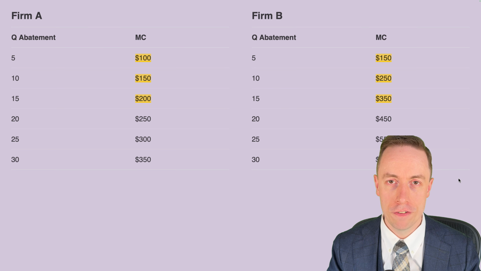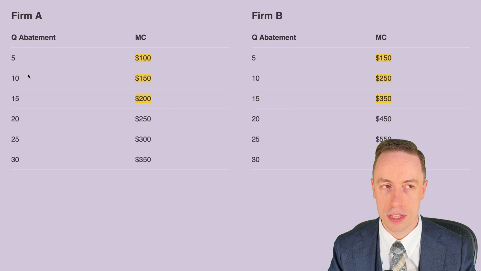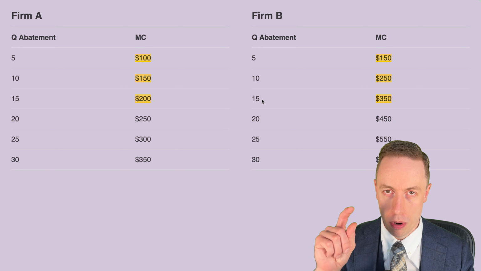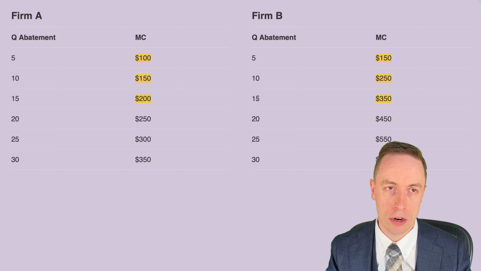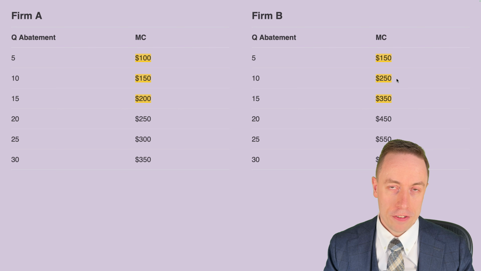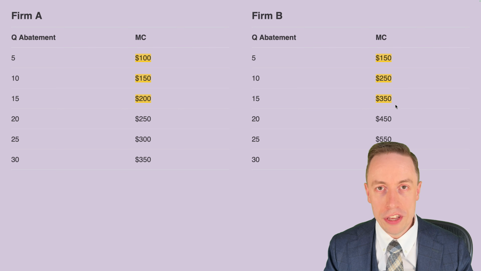That means each firm has to incur the cost of the first 5, the next 5, and the next 5, because we want to cut a total of 15 units of pollution. For each 5 block, we now have to add up. Firm A pays 5 times 100, 5 times 150, 5 times 200. Firm B, 5 times 150, 5 times 250, 5 times 350.